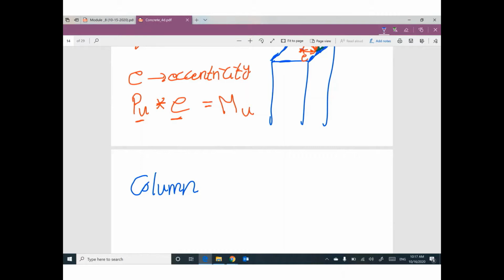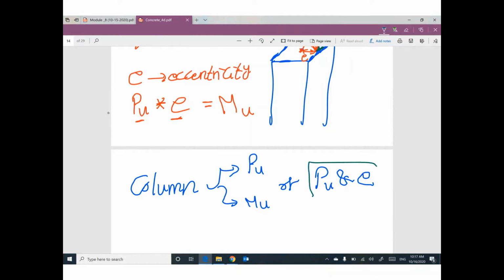But right now, the column is under the effect of P ultimate and M ultimate, or under the effect of P ultimate and E. Same meaning. If I'm talking about P ultimate and eccentricity, the final conclusion is that we have axial force and moment, because P ultimate times E equals M ultimate.